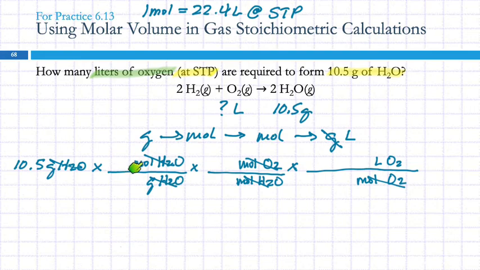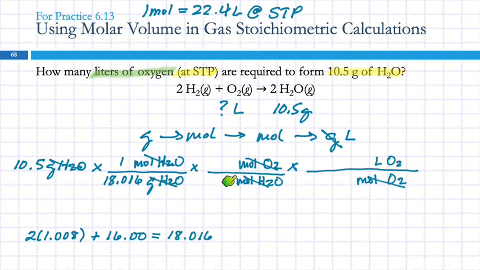So I've got moles and grams here for water, molar mass. That's another big deal. Need to know how to do that. 2 times the mass of hydrogen plus the mass of oxygen gives us the molar mass of water. So that many grams is 1 mole.